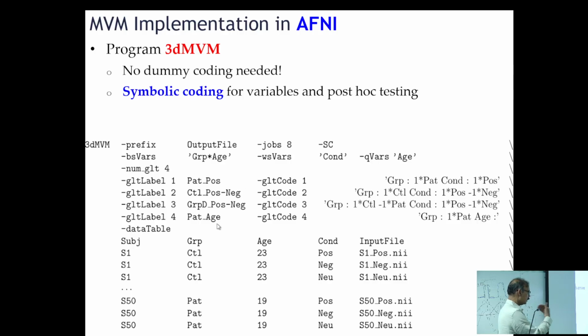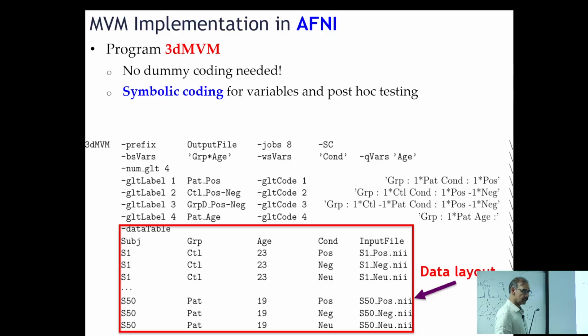So then you can find out for the different group what the age was, with different patients what the age was, whether the condition was positive, negative, or neutral, and these would have the files and you could compute the statistics. Right?